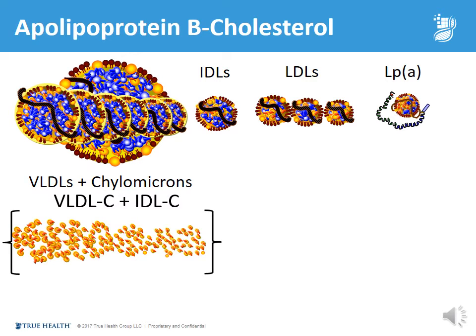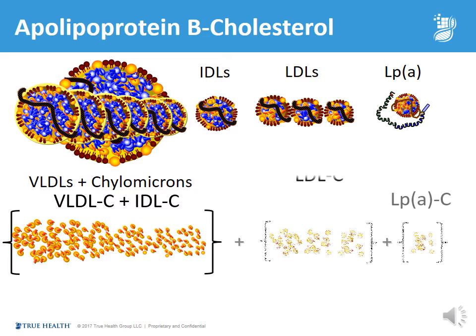Well, it would include all of the cholesterol that is in VLDL and any chylomicron particles that are present. But it also includes all of the cholesterol in intermediate density, low density, and LP little a particles. In essence, that is your ApoB cholesterol.